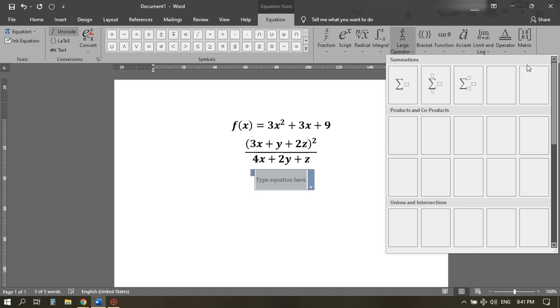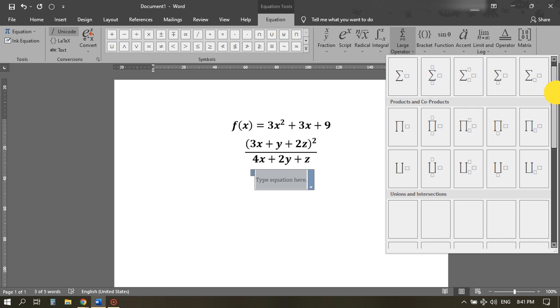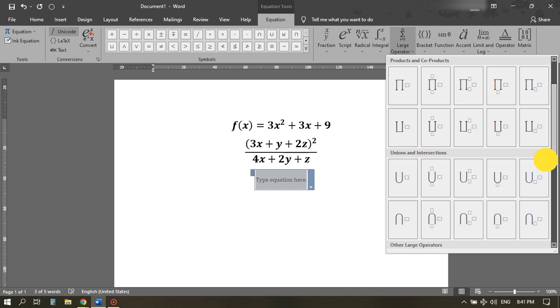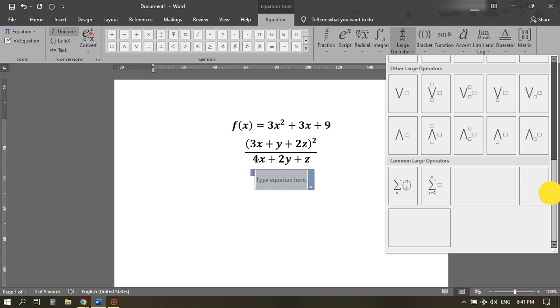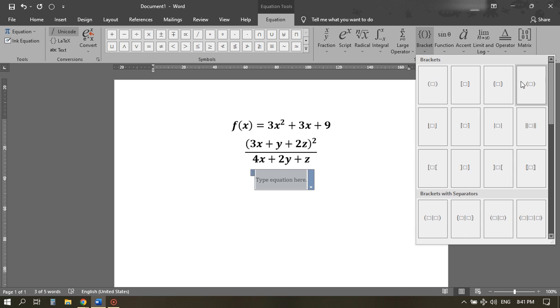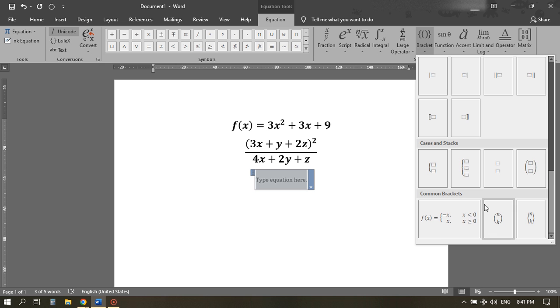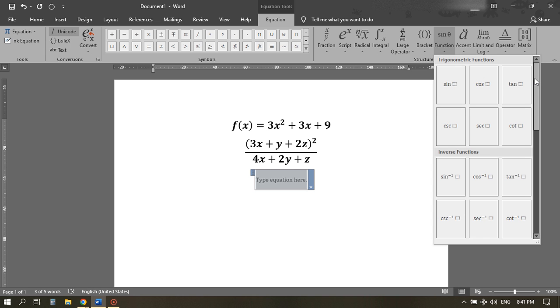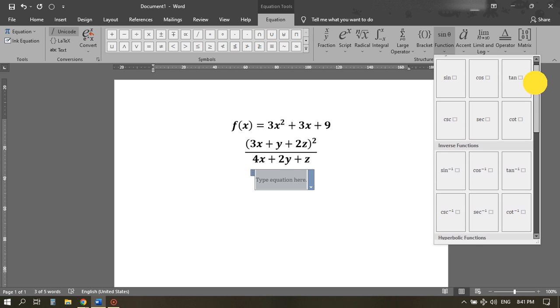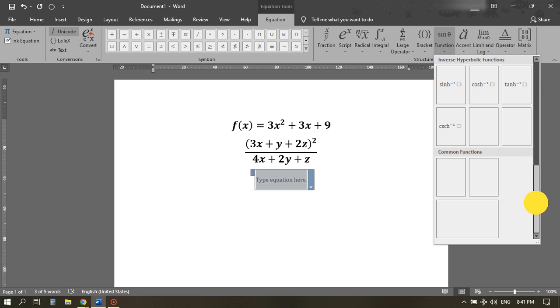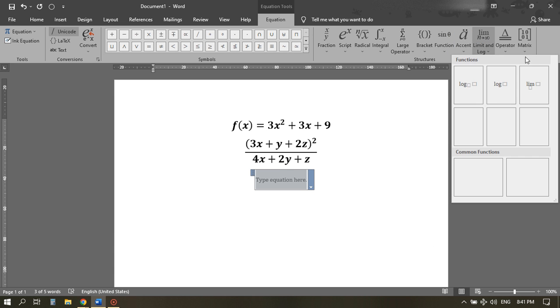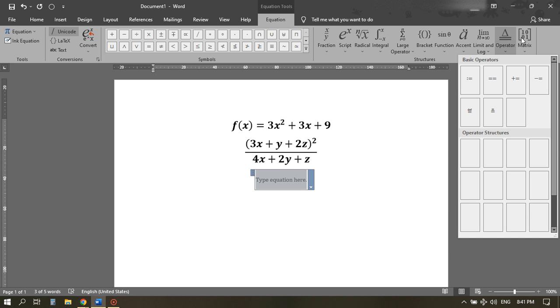For example, if you want to write down a limit here for the summations, and all your inclusions here for the brackets, like the absolute value, for example, and also for the cases of the functions. Here all the trigonometric functions, for example, sine, cosine, and tan, cosec, sec, and cotan. And here are the common functions. And here there is the log and the limits here, and operators finally, and the matrices finally.